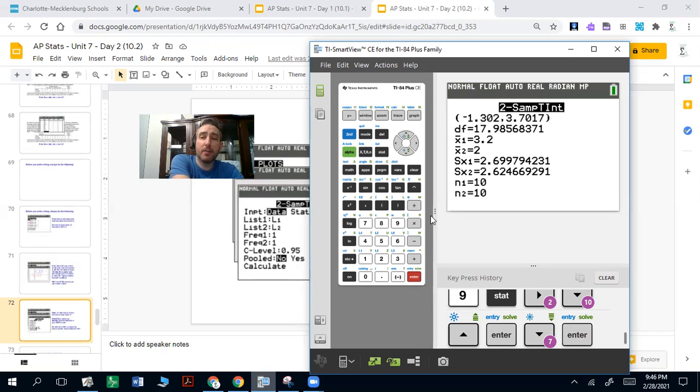And you can just jot, maybe on a separate sheet of paper, jot your interval, jot your degree of freedom, jot your sample means and standard deviations. You can have all that information and your sample size. That's everything you need right there. So aside from the formula, that's everything you need. So we'll come back to that.